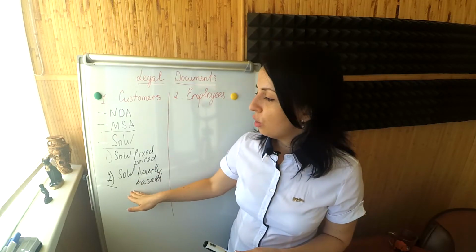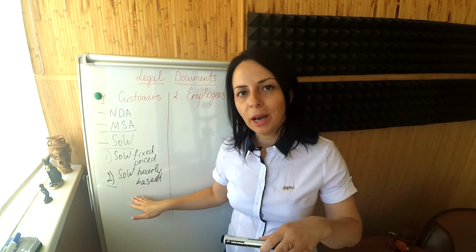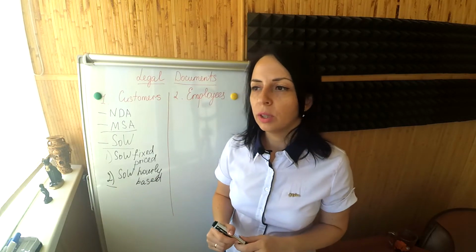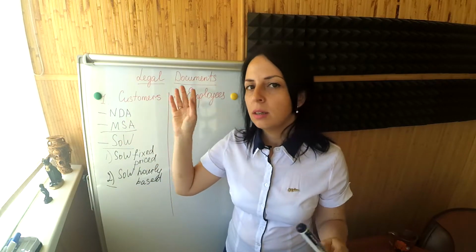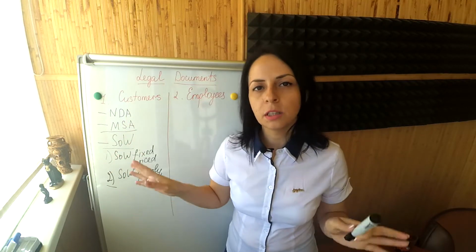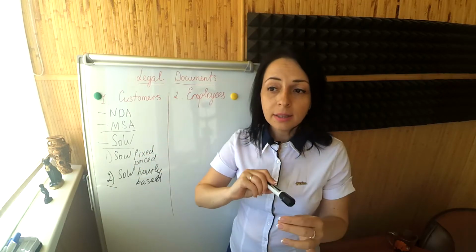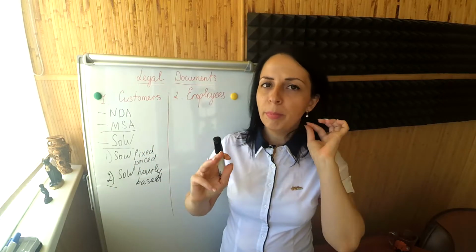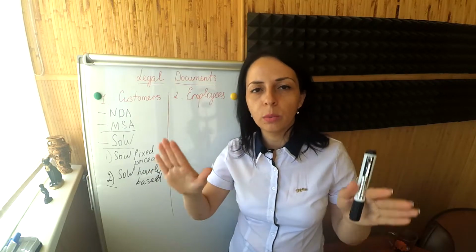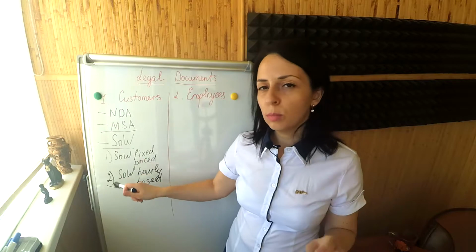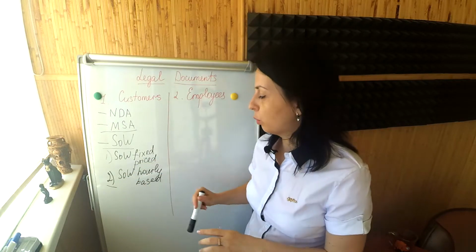And you specify how much that hour costs. For example, senior software development hourly cost, let's say $50 per hour. And then you outline conditions on the payment schedule, on all the custom conditions that you have agreed with the customer. So this one is the most popular type of statement of work document.